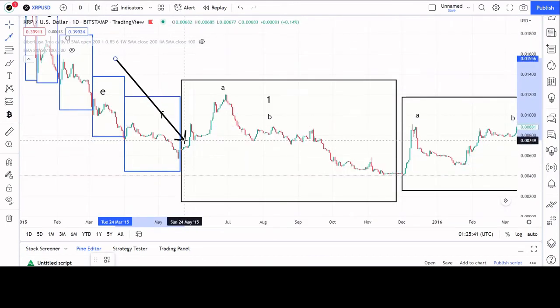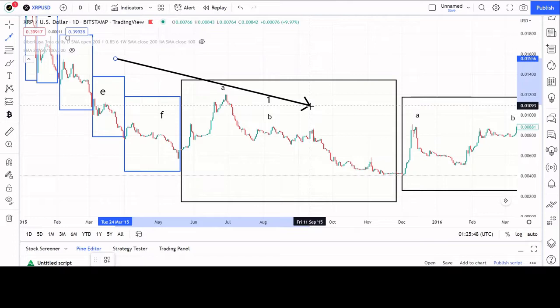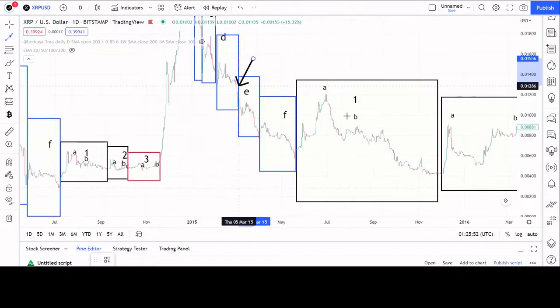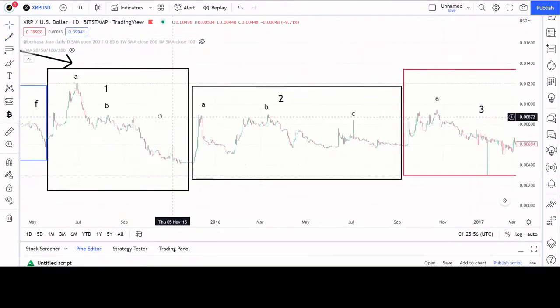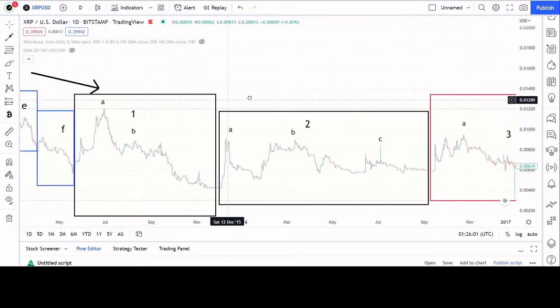Okay, so here is the next one. Here is the decline. Here's the capitulation fractal. And here is the beginning of that sideways range-bound time. This is fractal 1, and this took place in 2015. Let's take a look at the full sideways time right here. There's three fractals. At the end, it moves up into a bull run.